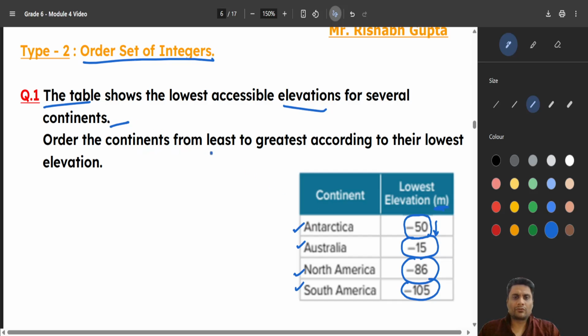Order the continents from least to greatest. Least means smallest, and greatest means biggest. So first of all I have to write the smallest number. Check all of them, all the numbers are negative, right? In negative numbers, the biggest number becomes the smallest number, right? So what is the smallest one here? -105.